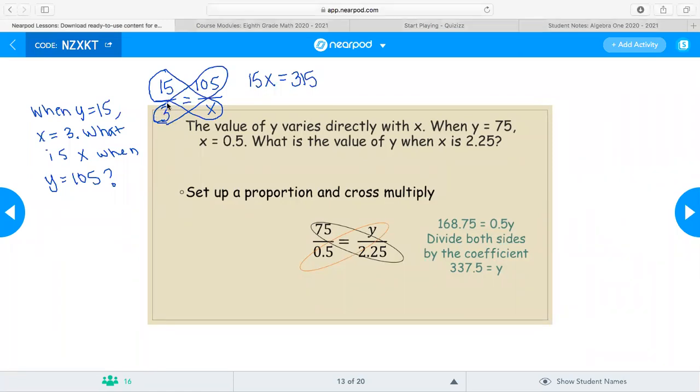If X is on bottom here, X is on bottom here. If you did it the other way and put X on top, that's fine, as long as you keep the same unit on bottom and top. Thirty seconds, get your answer in.